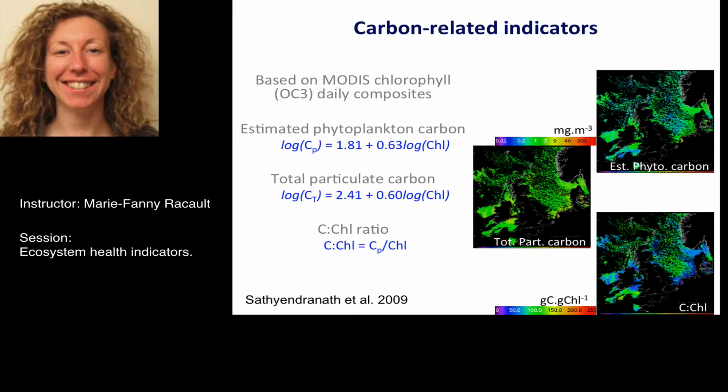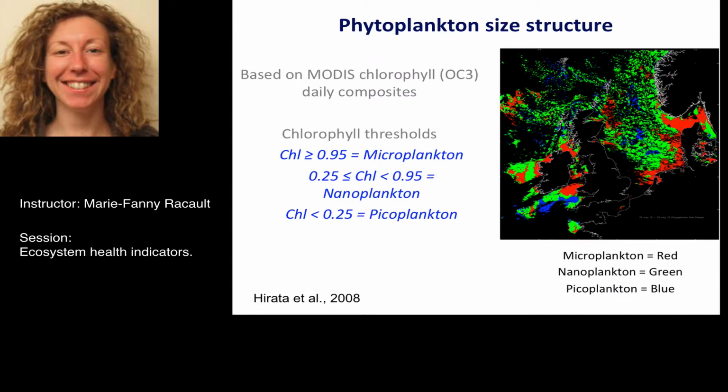Okay, another indicator that I mentioned is the 95th percentile of chlorophyll. So if you take a time series of chlorophyll over several years, the 95th percentile is when the chlorophyll concentration goes above that level.